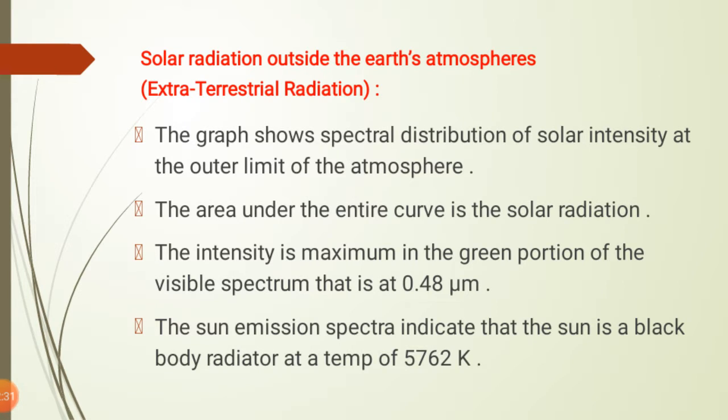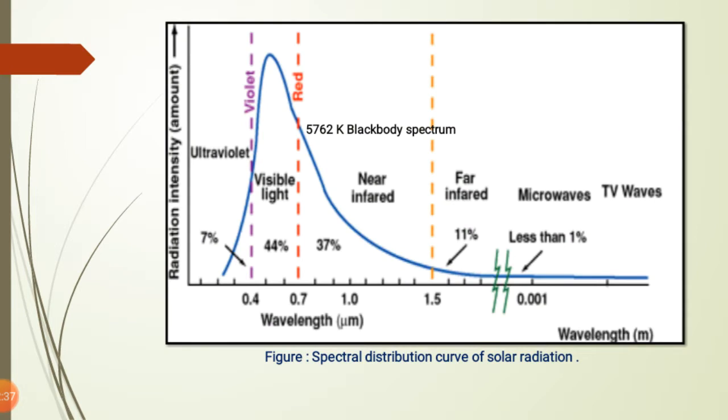This graph gives the distribution of solar intensity. The area under the entire curve is the solar radiation. That means the area under this curved region represents the solar radiation present below the curve.